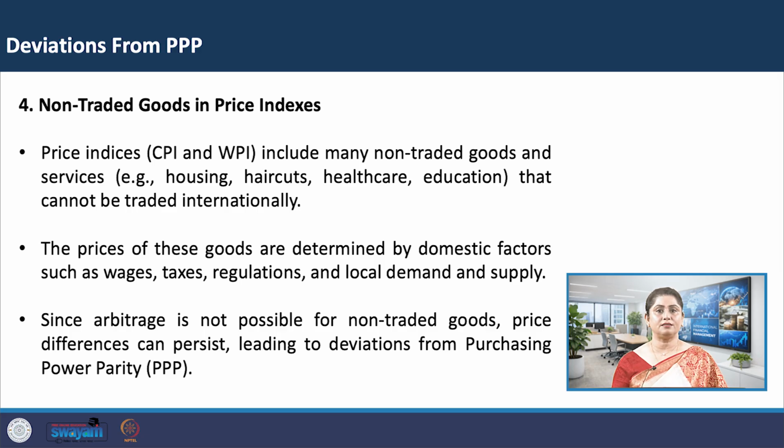These cannot easily be bought in one country and sold in another. As a result, their prices are determined mainly by domestic factors such as wages, local taxes, regulations, and demand and supply conditions. If these prices rise or fall, the overall price index of the country changes.